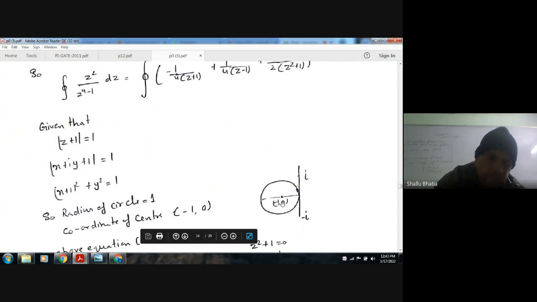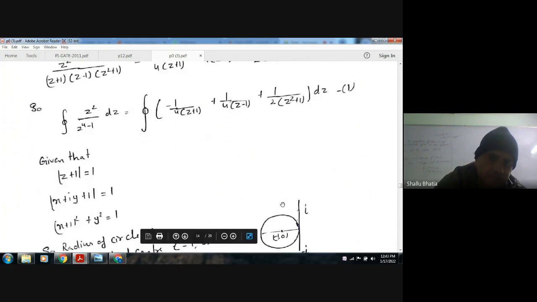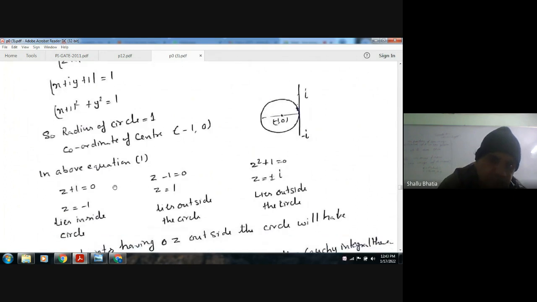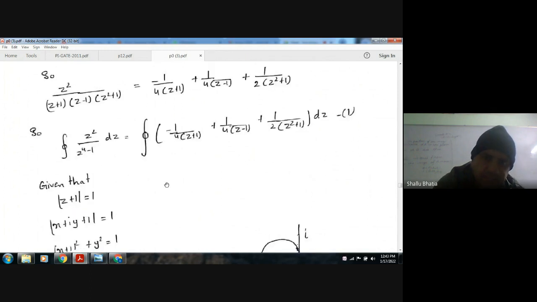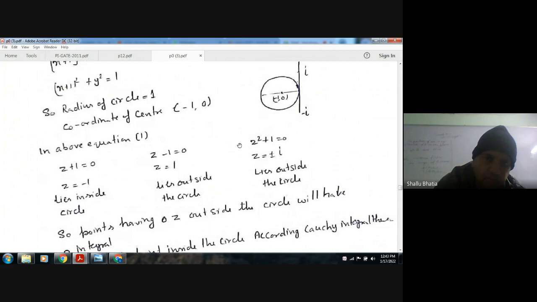So in this equation, we have z plus 1, z minus 1, and z square plus 1. Taking these, z plus 1 is 0, so the value of z is minus 1. The point minus 1 lies inside the circle, at the center. Second is z minus 1, which is 0, so z is 1.